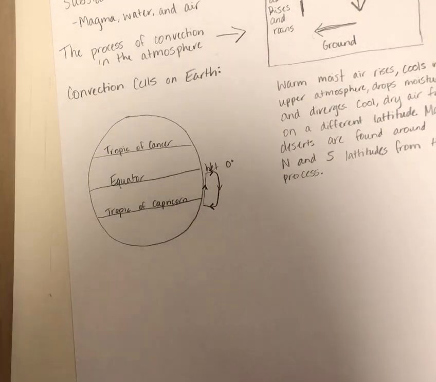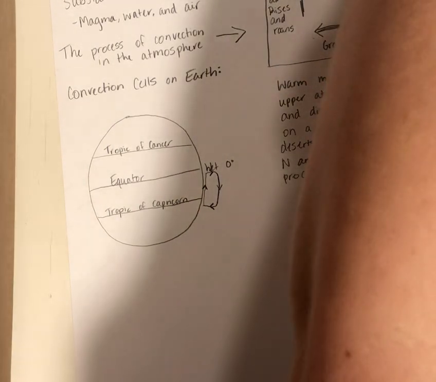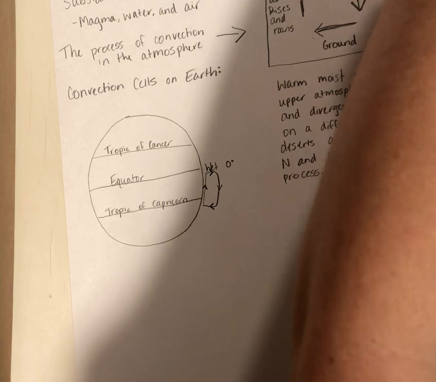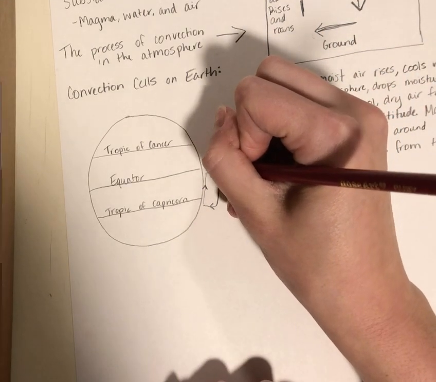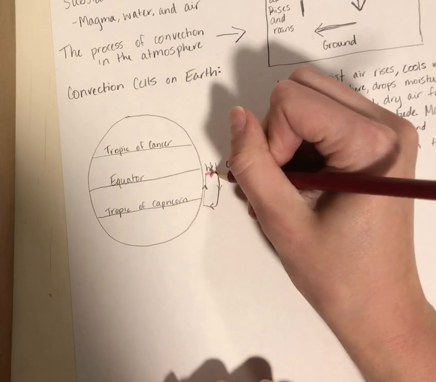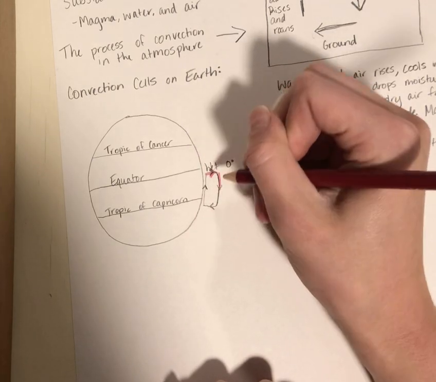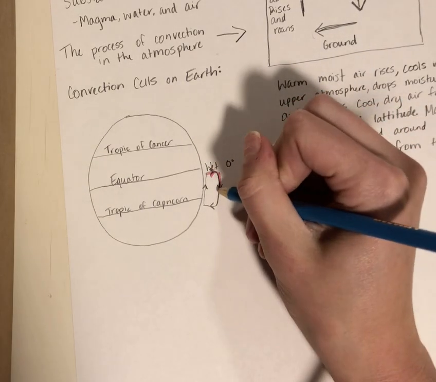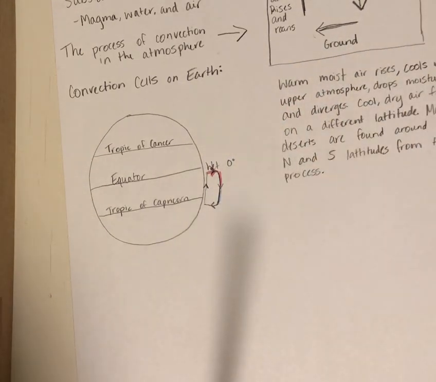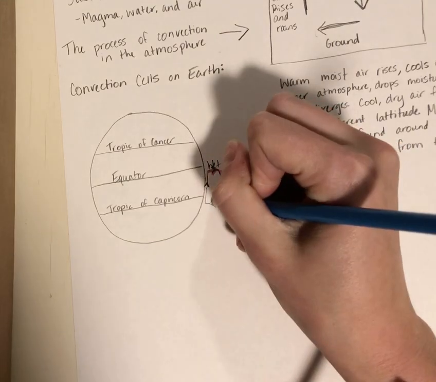So if you want to make it a little better and easier to see, I would have this as red here and turning red. Then we're turning to blue as it's cooling and dropping.